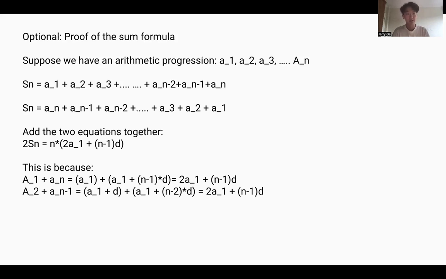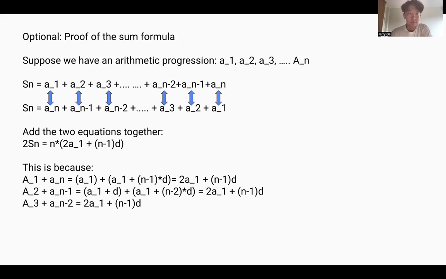And same for the second terms. If you add a2 to a(n-1), a2 is a1 plus d, and a(n-1) is a1 plus (n minus 2) multiplied by d. So you get the same result as the first, which is 2a1 plus (n minus 1) multiplied by d. And same for the third term.